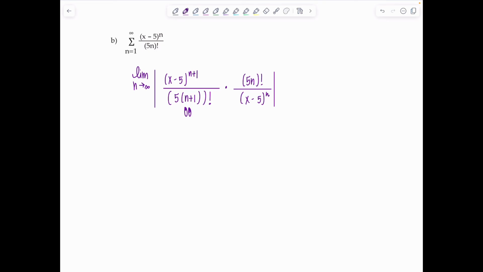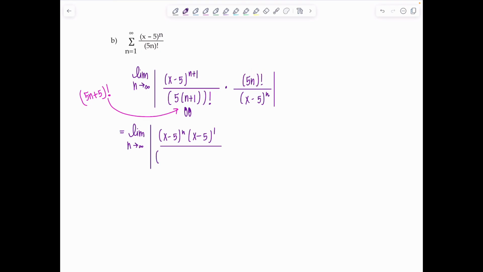Okay. Now let's start breaking everybody up. We have the limit as n goes to infinity of the absolute value. I'm going to write this as (x minus 5) to the n, (x minus 5) to the first. Be careful, this is (5n plus 5) factorial. I'm going to break that down until I hit (5n) factorial.